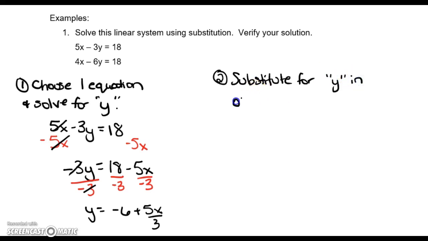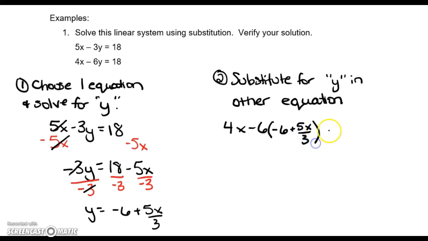It's important that it goes into your other equation. Because I chose equation number 1, I'm going to put it into equation number 2. So here we have 4x minus 6, and instead of y, I'm going to put in this whole right-hand side, and make sure you put this in brackets. So this will be negative 6 plus 5x over 3, and that was equal to 18.